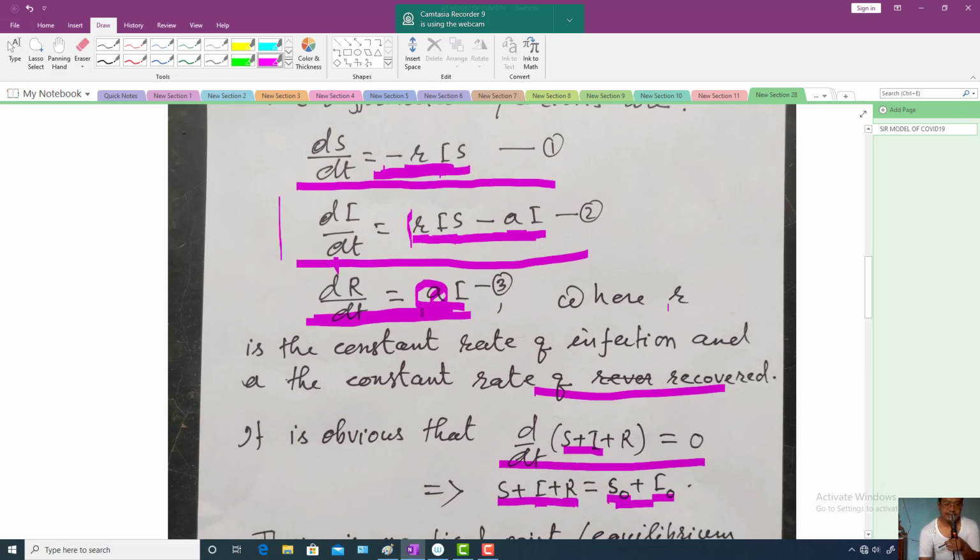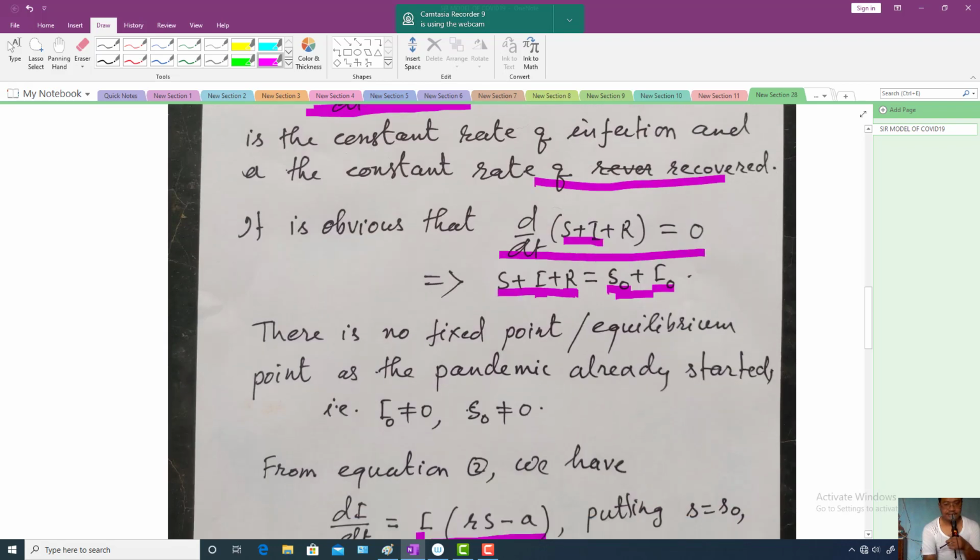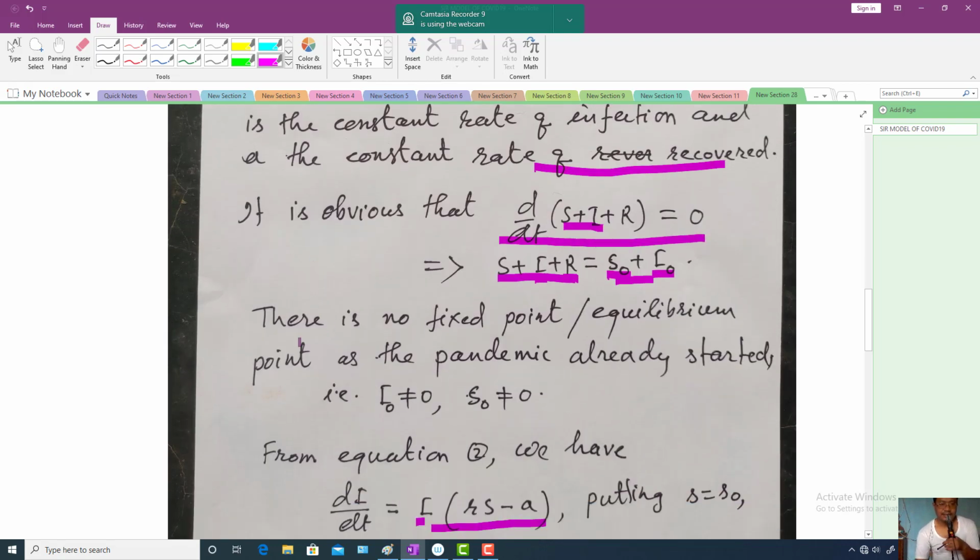Similarly, this one cannot be 0, and this one also cannot be 0. So there is no fixed point or equilibrium point, as the pandemic has already started, people are already infected, I naught is not equal to 0, and people are already susceptible, because the virus is very dangerous.